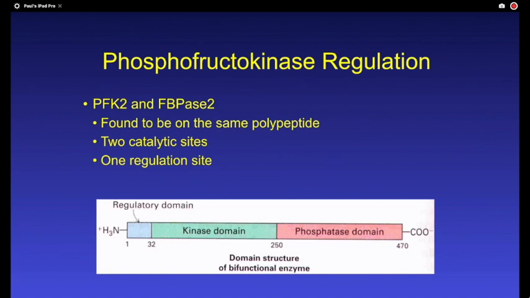So I have two active domains, a kinase domain and a phosphatase domain, and I have one regulatory domain. This is the important piece right here, between 1 and 32 amino acids. Okay? One regulatory site and one catalytic site. Never is the kinase and the phosphatase active at the same time. It is controlled by the regulatory site.